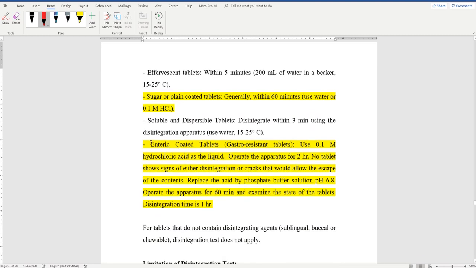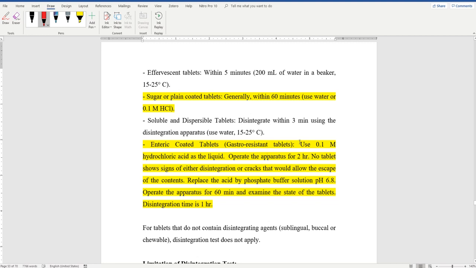In case you are dealing with enteric coated tablets, which are also gastro-resistant tablets, also we say delayed release tablets. In this case, it should not disintegrate or dissolve in acidic medium, but it should dissolve or should disintegrate in basic medium.